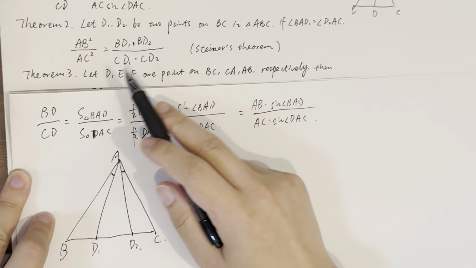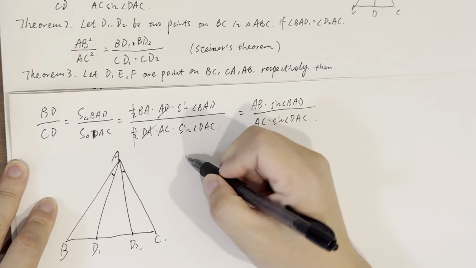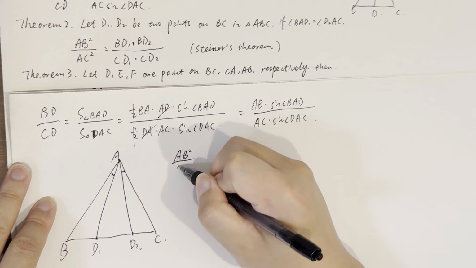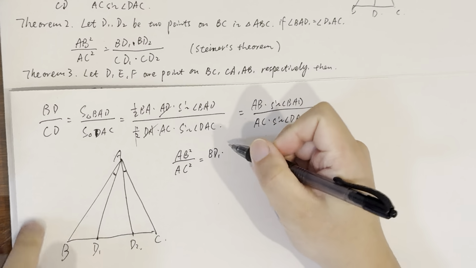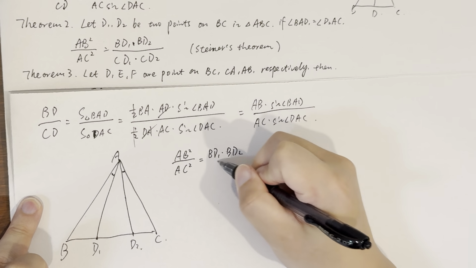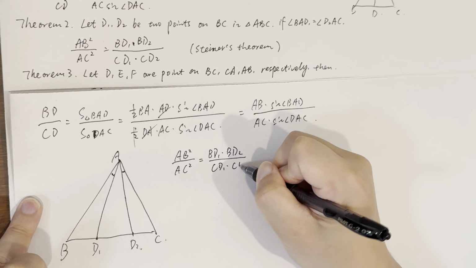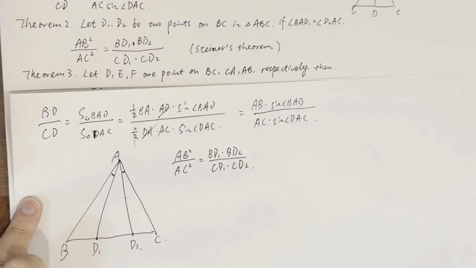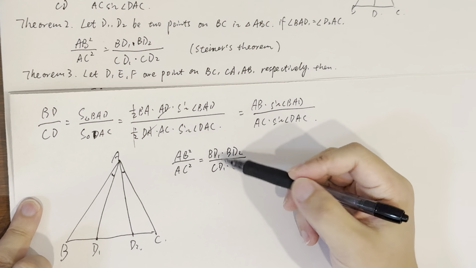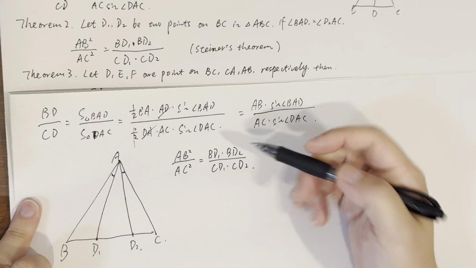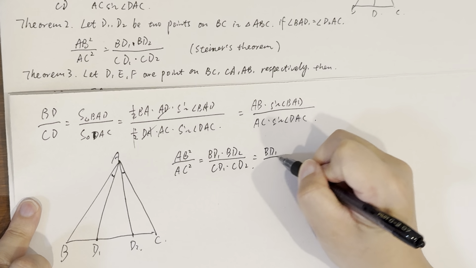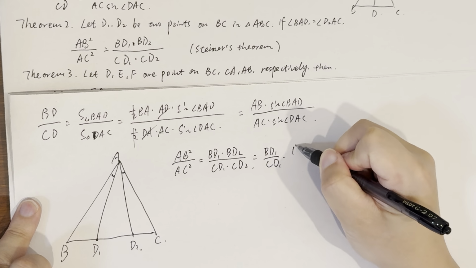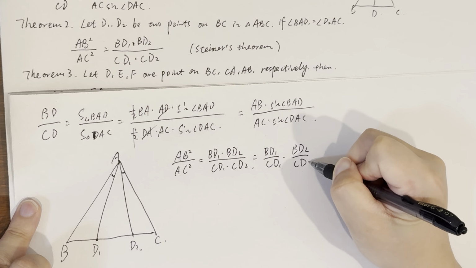Then we want to say that AB squared to AC squared equals BD1 times BD2 to CD1 times CD2. Basically, we can split this into two: BD1 to CD1 times BD2 to CD2, right?